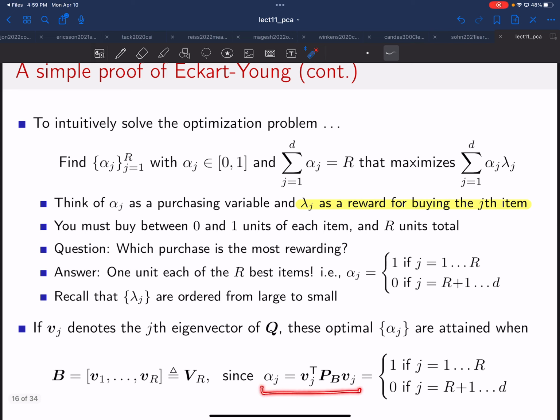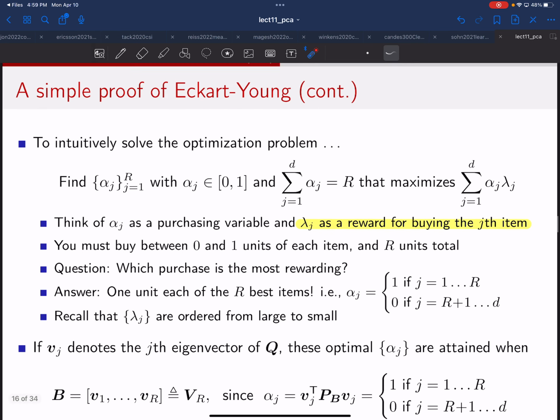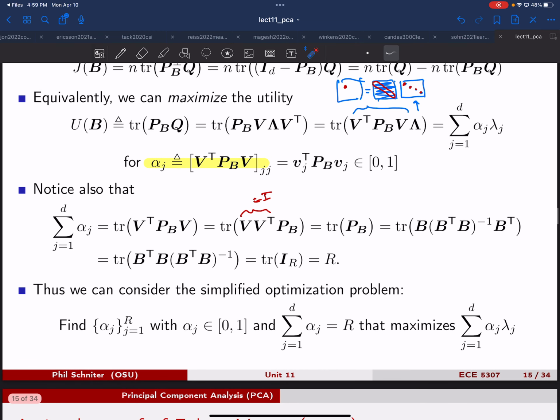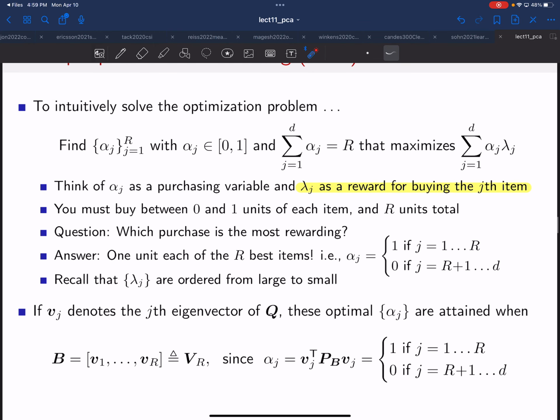Remember that, back to the linear algebra, this is exactly how those alphas are constructed. And so the way that I do this is if I construct, let's see, yeah, so this is how the alpha j's are defined.